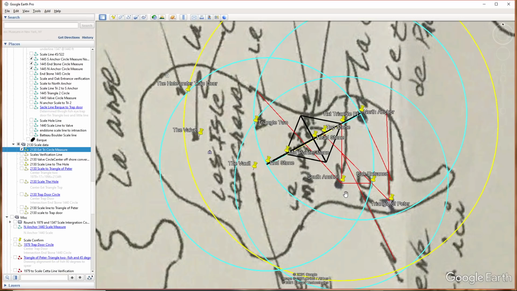And why do we need to locate Triangle 2? Because Triangle 2 will come into play on the valve, and that is the most elusive one, and it will take another video for me to explain that. But the valve and the hole under the earth are key to accessing whatever it is underground. It has to do with the flood system, most likely.